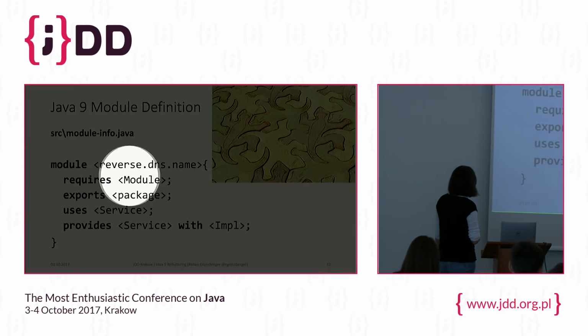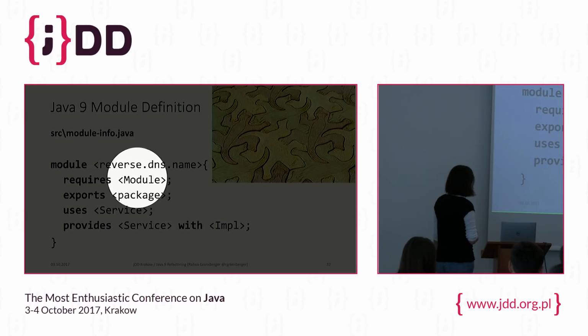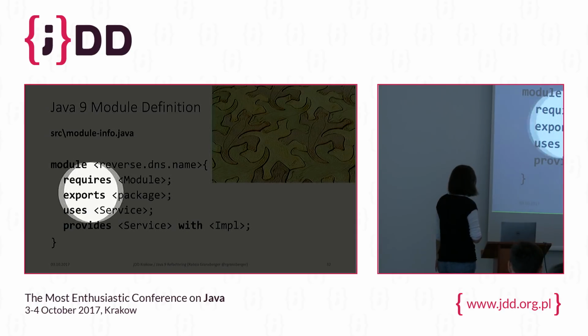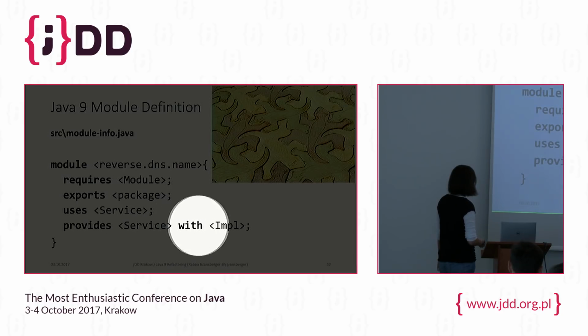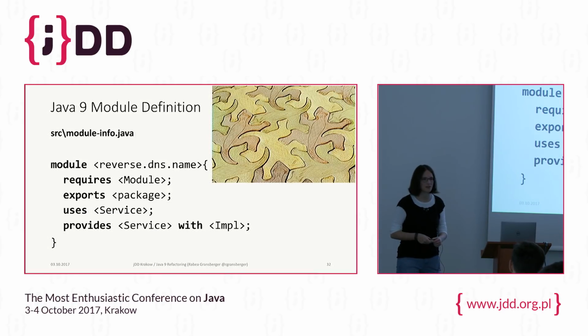And then we have some new keywords here, which are requires. This is how we declare dependencies to other modules. So here goes another module name. We can export packages to make them accessible from the outside. And we can use services, and we can provide services. We will have a look at this in detail later. What is very important here, those are restricted keywords.